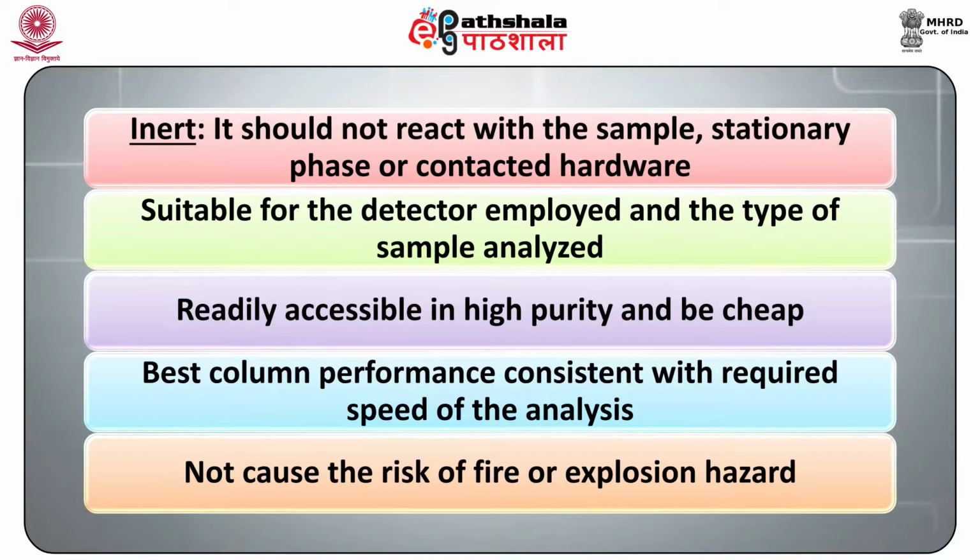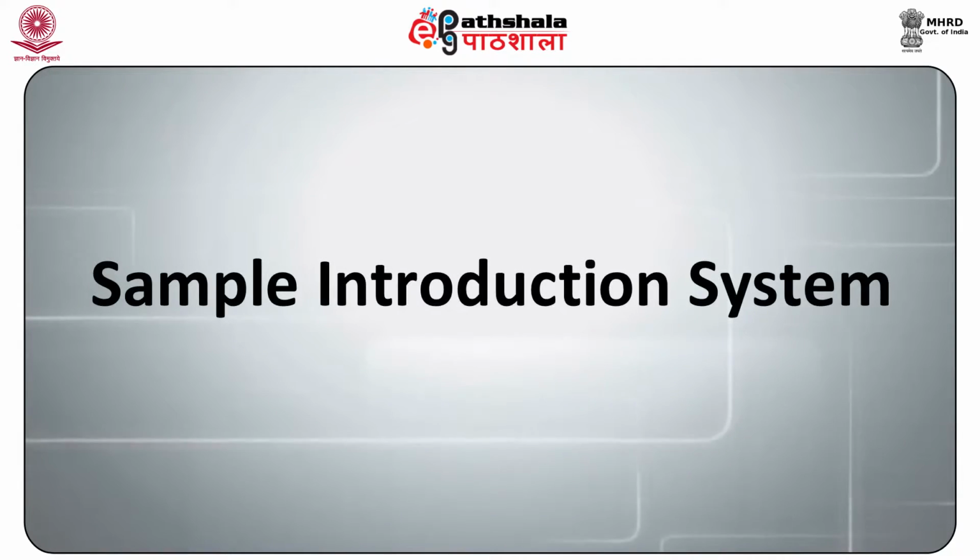It should be suitable for the detector employed and the type of sample analyzed, readily accessible in high purity and cheap, give the best column performance consistent with the required speed of analysis, and not cause the risk of fire or explosion hazards.